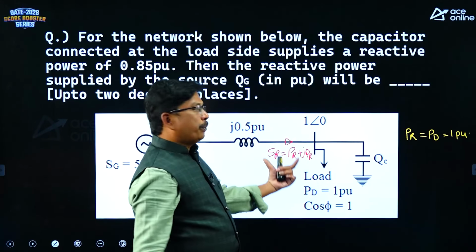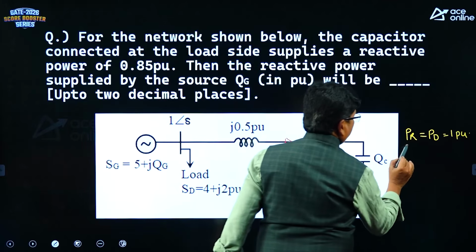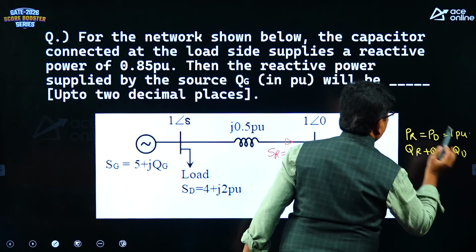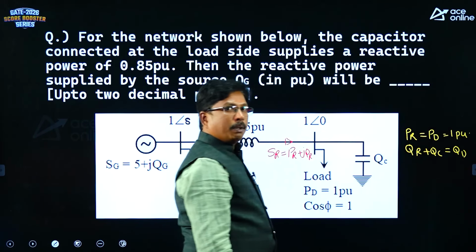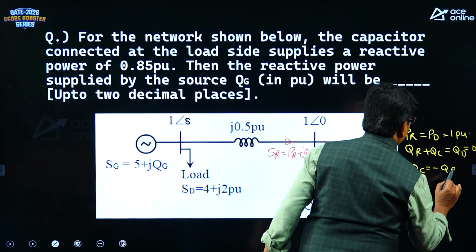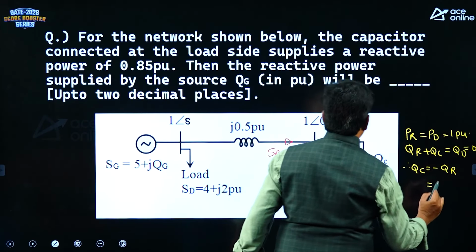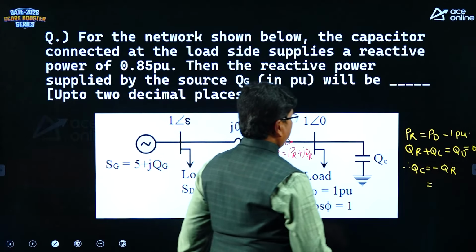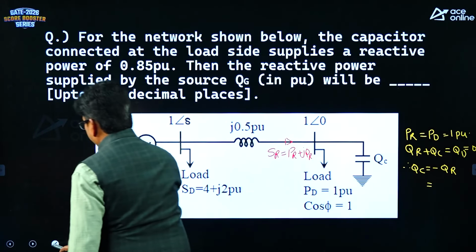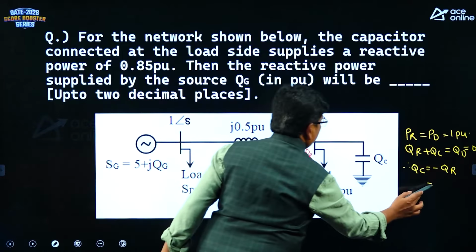And QR plus QC must be equivalent to QD. QD is how much? 0, since the load is a unity power factor load. Therefore, QC is equivalent to minus QR. QC is given as 0.85. You can write it as QR is equivalent to minus QC.